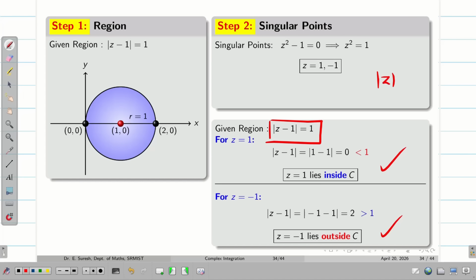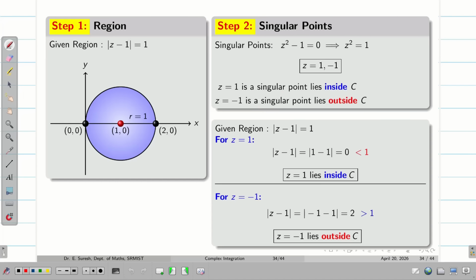If your region is simply mod z equal to 3, mod z equal to 1, etc., by seeing the figure I can easily find whether it is lying inside or outside. If you are confident, you can identify directly or use this technique to find whether the singular points lie inside C or outside C. Next we do step 3.